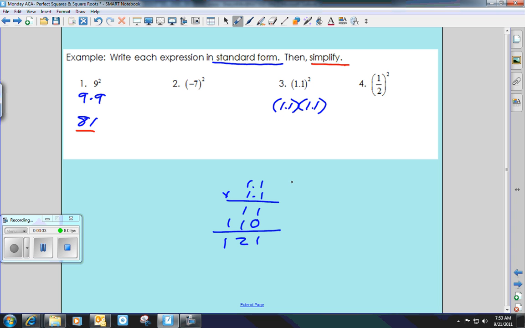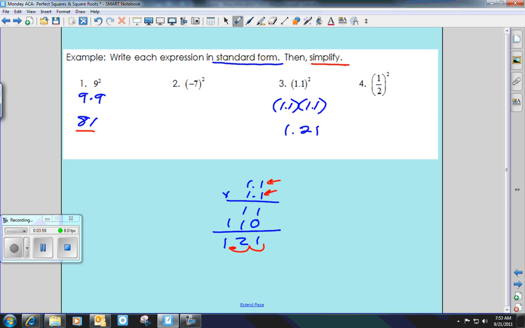You have 2 numbers behind the decimal. So I'm going to move 2 numbers from the right in my answer so that I have 2 decimal places in my answer and 2 decimal places in my problem. That gives me 1.21 for the answer.